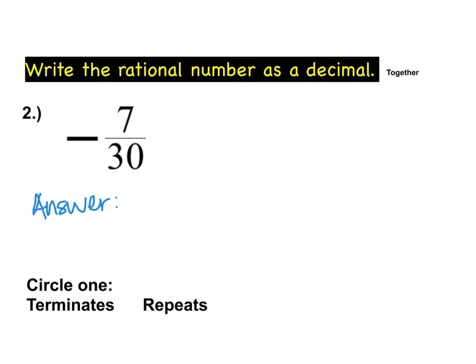All right, now we're going to do number 2. Just like we did with the whole number, we're also going to do the same thing with any signs. So we're going to take the negative sign and write it out front for our answer. We're going to put the 7 under the division bar, the 30 on the outside.